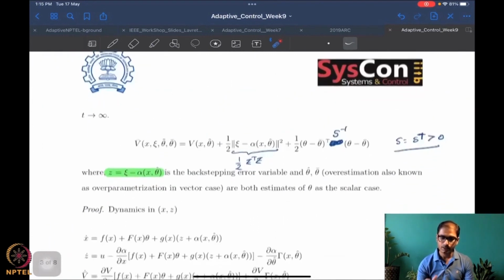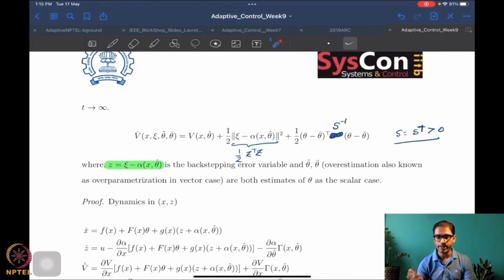This is a different matrix S, and this S is simply, like you all know, the adaptation gain. It actually controls how fast or slow your adaptation will happen.